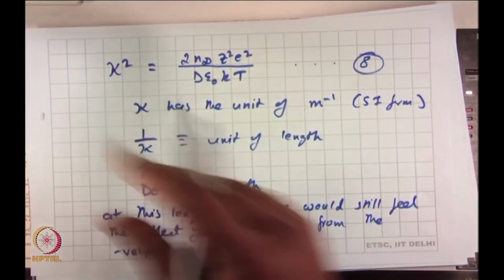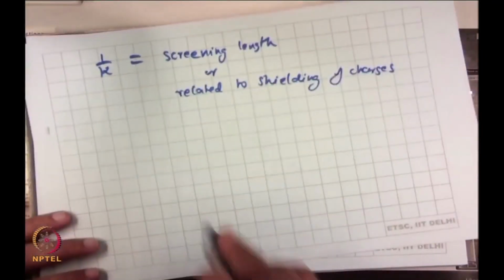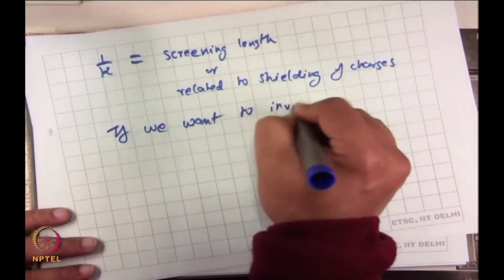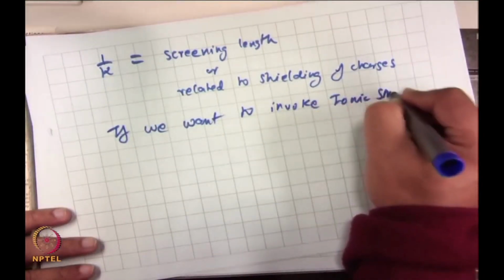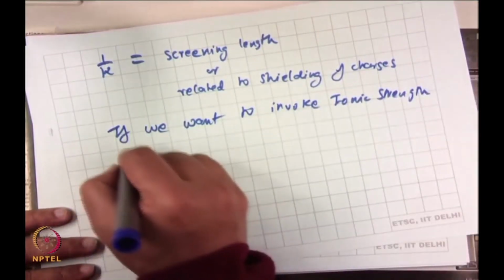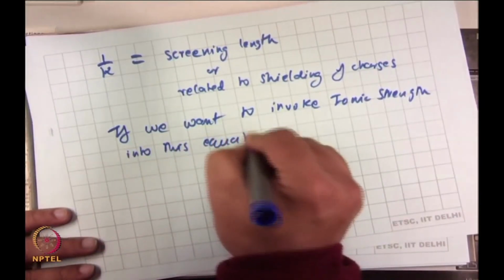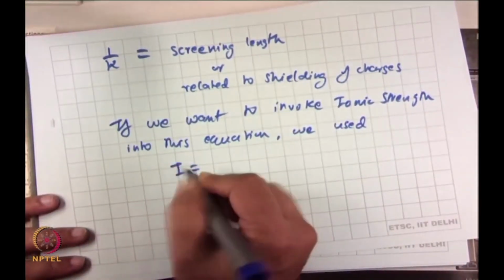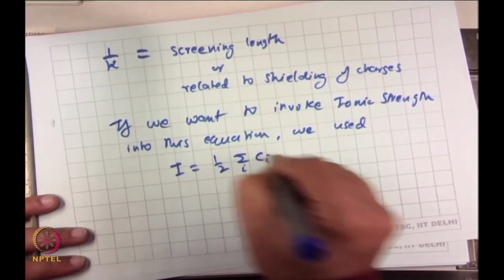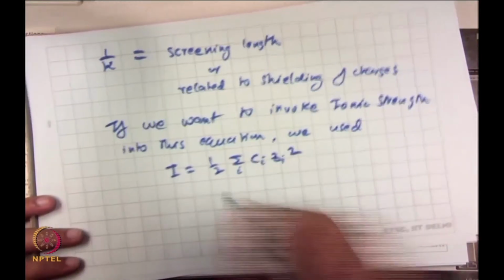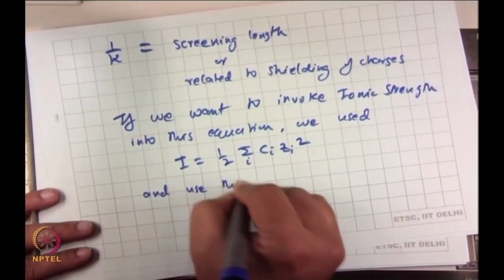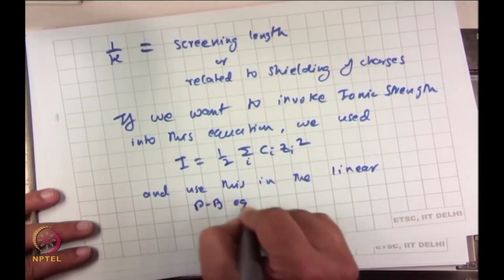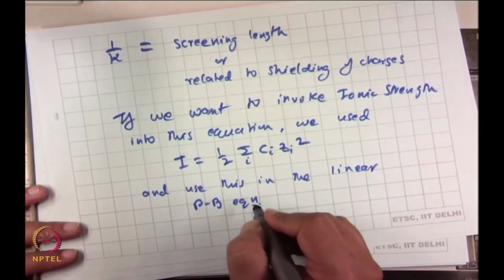So, what I can now say is that if we want to invoke ionic strength into this equation, we use I is equal to half sigma i Ci Zi squared, right, and use this in the linear Poisson-Boltzmann equation to get a relation between kappa and ionic strength.